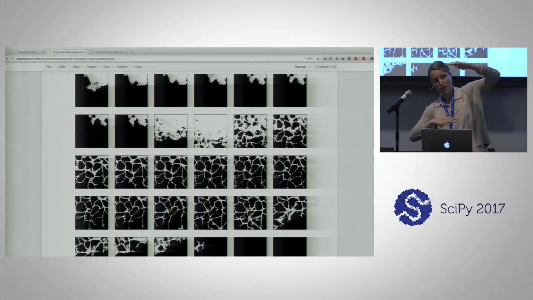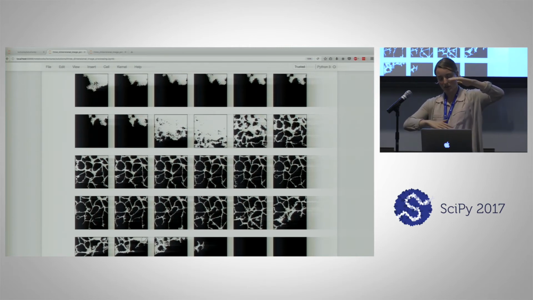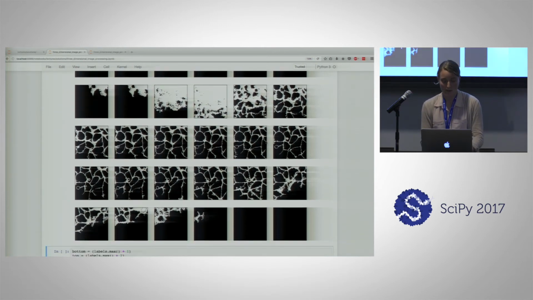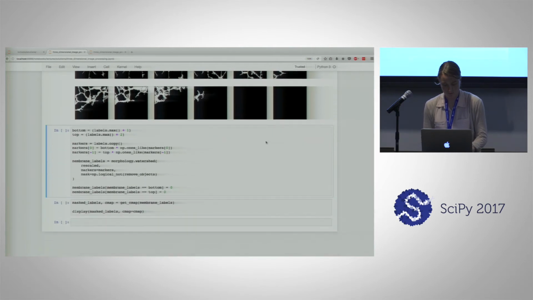The trick that I use is that I know there's no membrane on the last plane or the first plane, so if I give those a seed, then that will meet with the cells that bleed through, and I can erase those later to better pocket the membranes in the image.